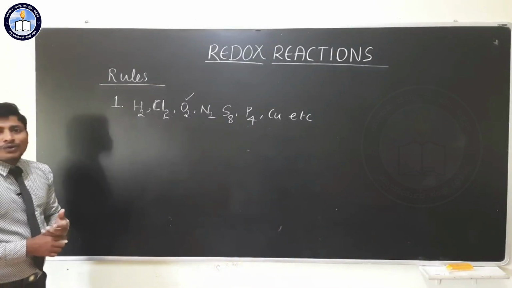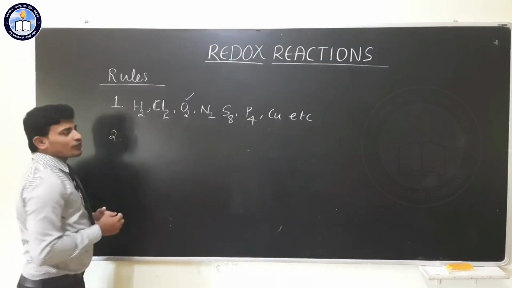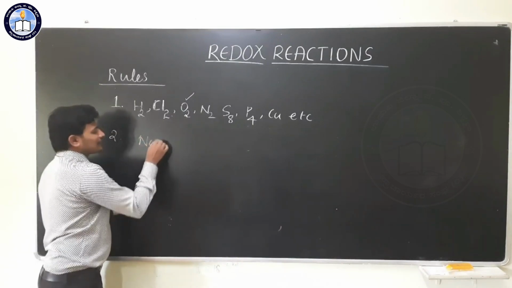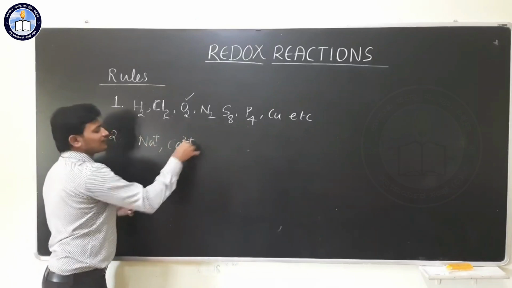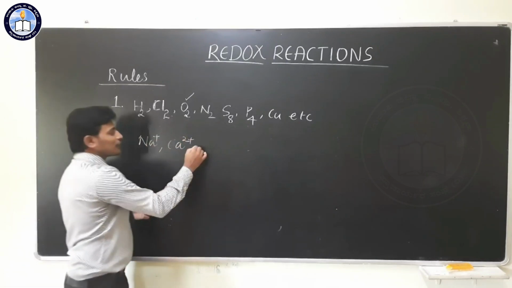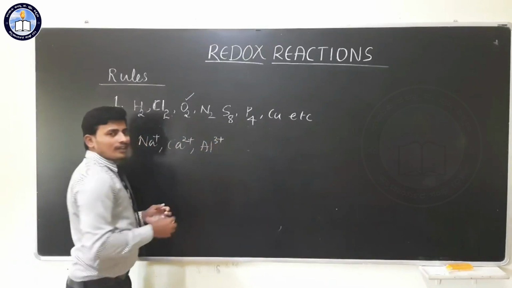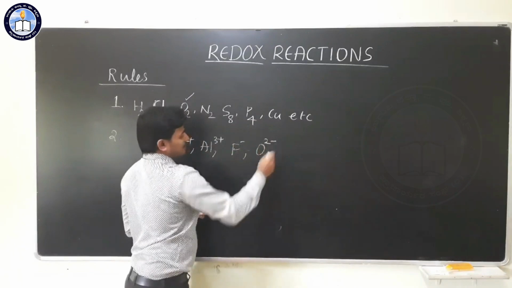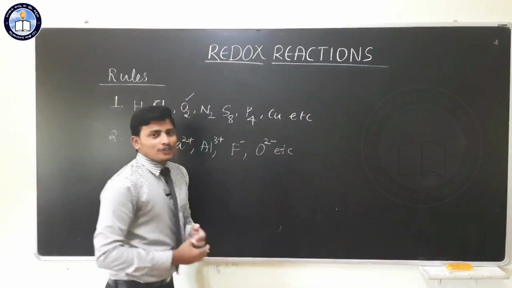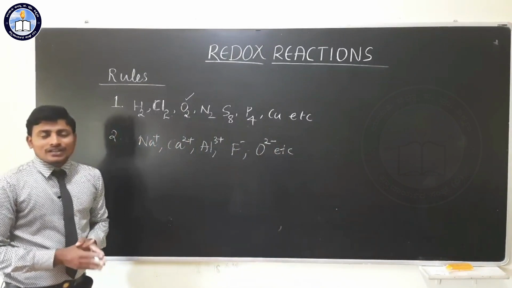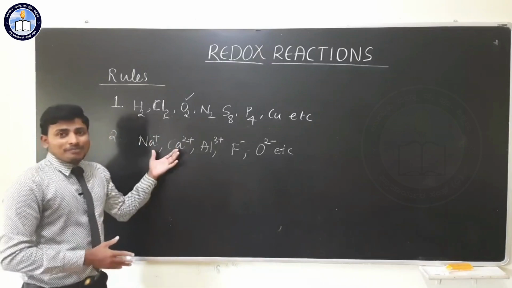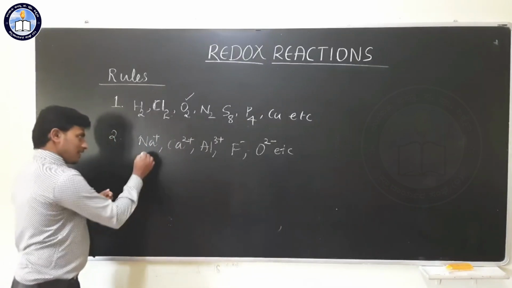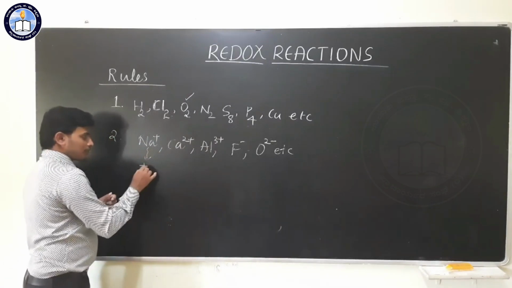In case of monoatomic ions, for example Na+, Ca2+, Al3+, F-, even O2-, etc. In case of monoatomic ions, the oxidation number of the element is the charge carried by the ion. So for sodium, the oxidation number is +1.